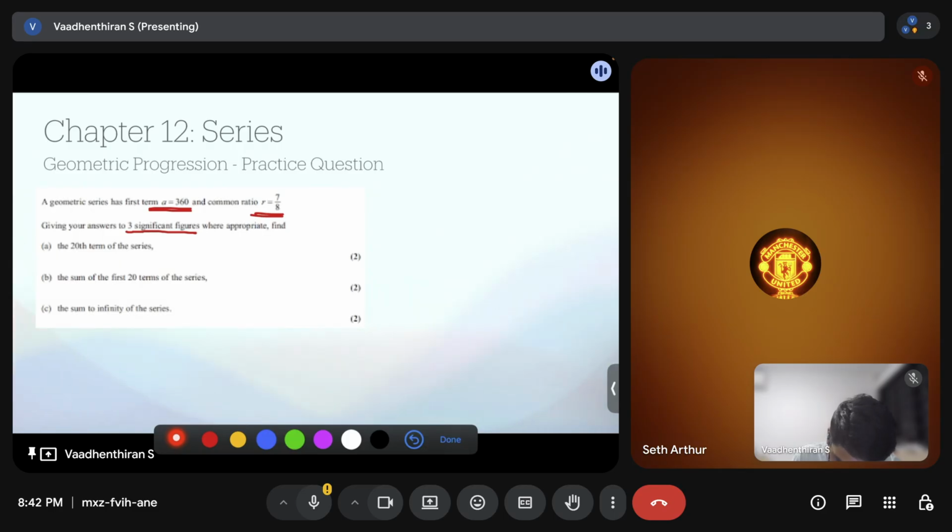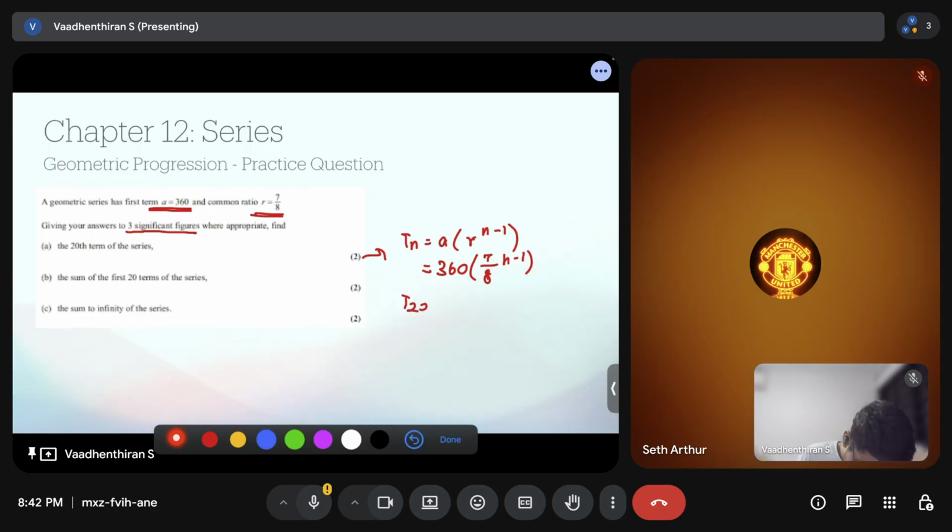So the 20th term in the series: first you find Tn, which is a times r to the n minus 1. So a is 360, r is 7 by 8, and then n minus 1. So T20 would be 360 times 7 by 8 to the 19.